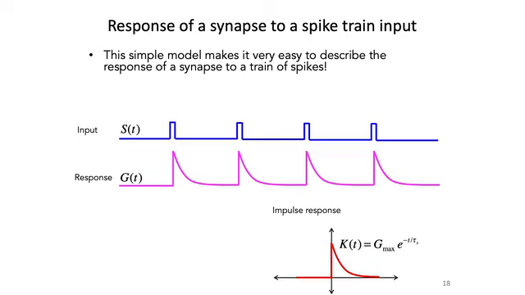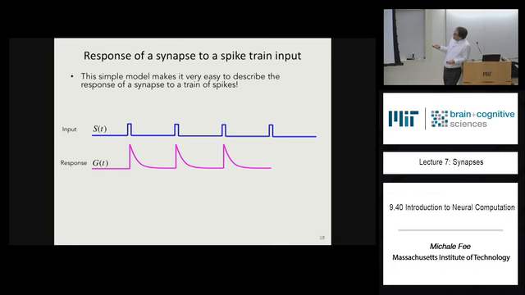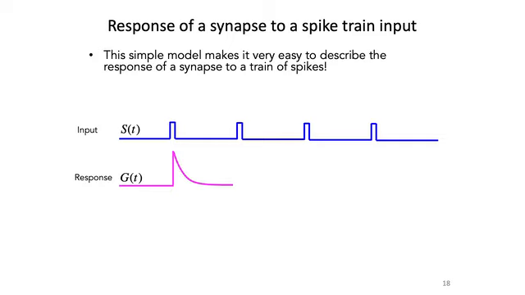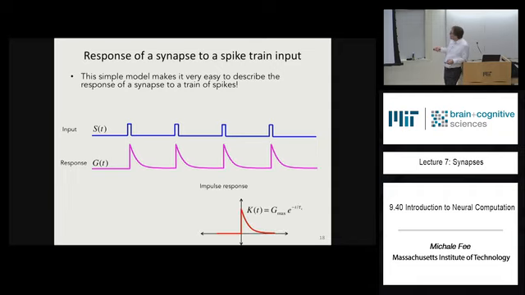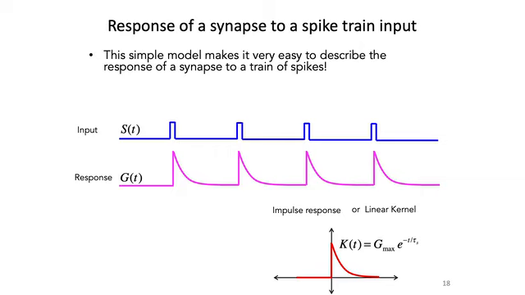We're going to use convolution, and we're going to call this single event right here the impulse response. The input is an impulse, and the response is the impulse response. This is also called a linear kernel. The response to multiple inputs can be modeled as a convolution.